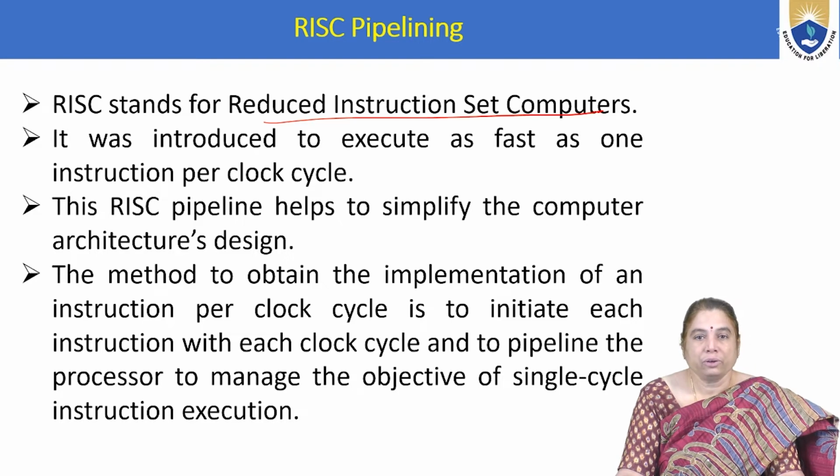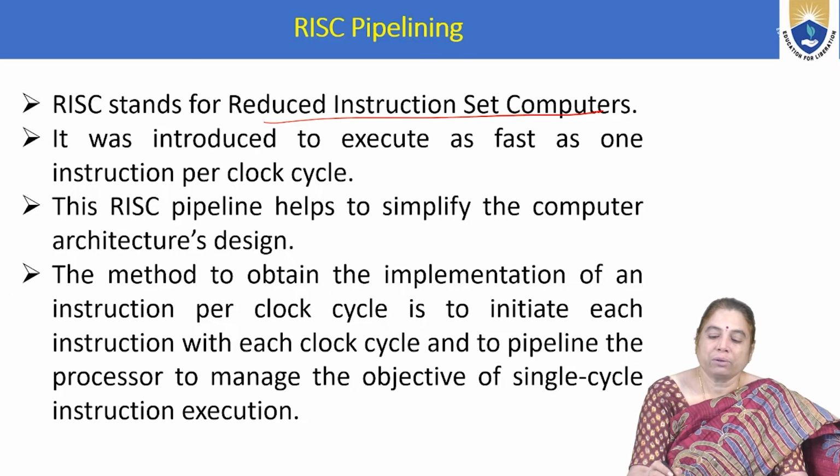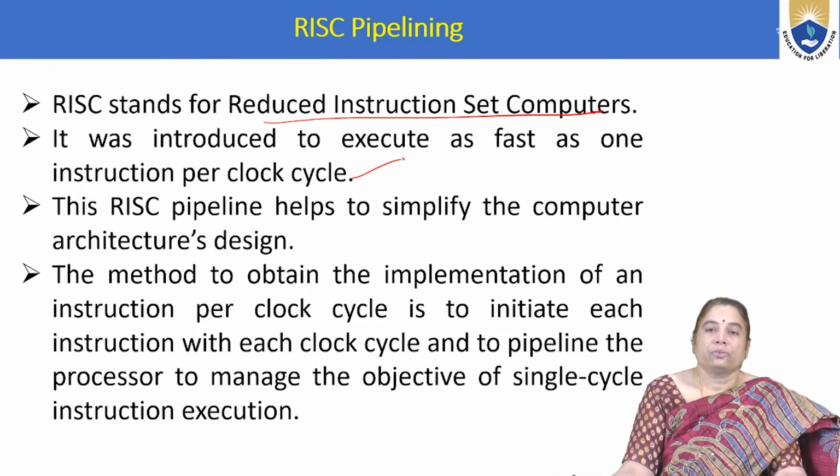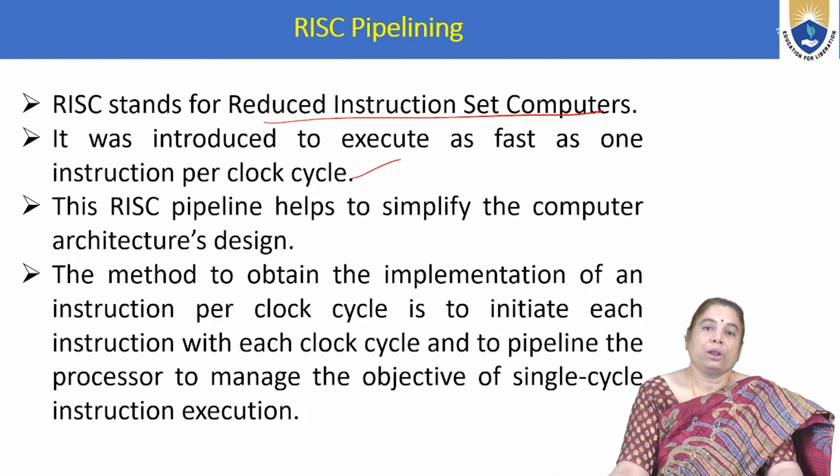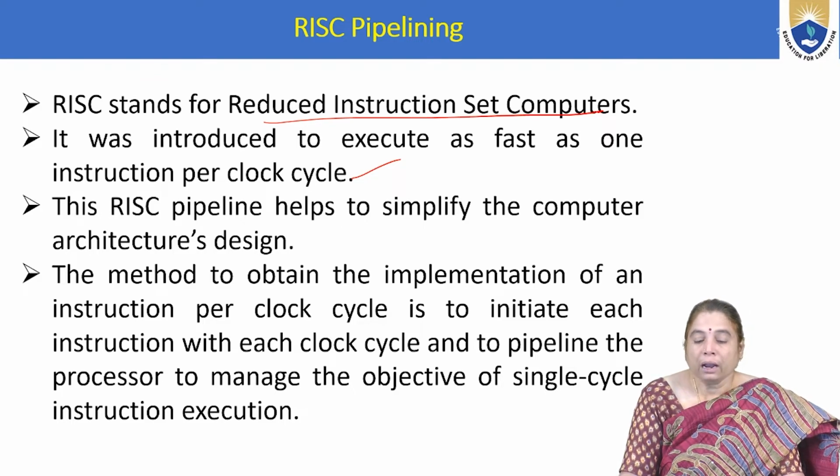It is introduced to execute as fast as one instruction per clock cycle. So in the previous example, 4 clock cycles are required for execution of a single instruction. But with RISC, the instruction can be executed in a single clock cycle.